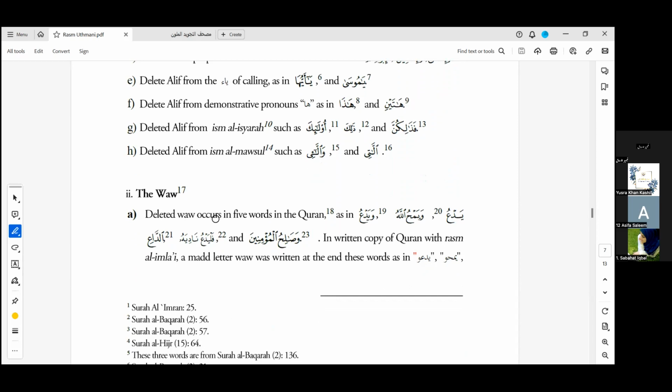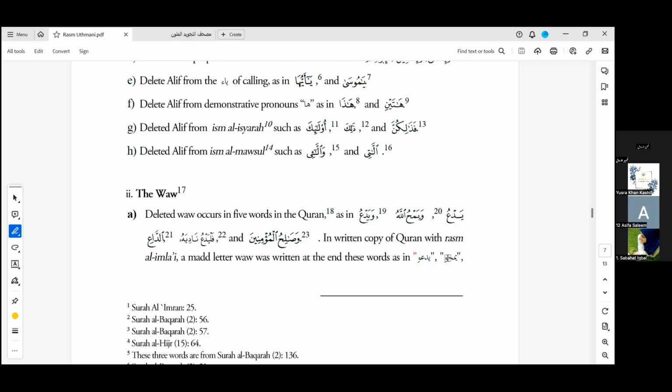So deleted waw occurs in 5 words in the Quran, as in وَيَدْعُ وَيَمْحُ اللَّهُ يَدْعُ يَدْعُ الدَّاعِي فَلْيَدْعُ نَادِيَهُ وَصَالِحُ الْمُؤْمِنِينَ. So in written copy of Quran with Rasm Imla'i, a mad letter waw was written at the end of these words, as in here.